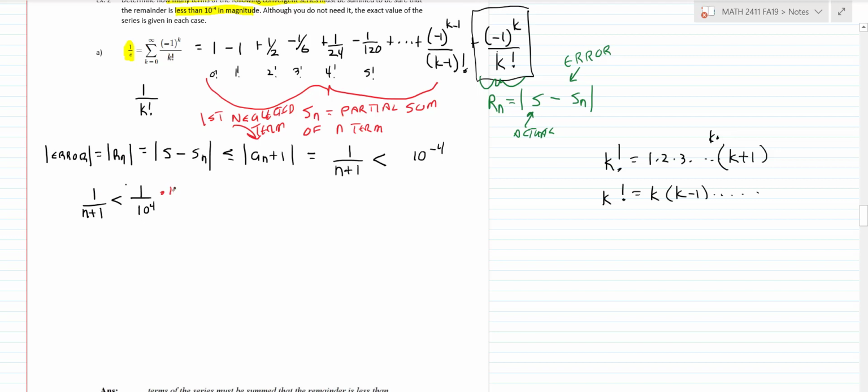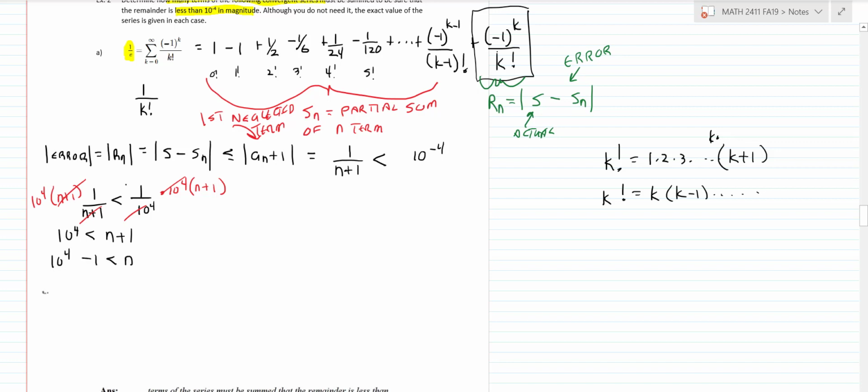What we could do is multiply both sides by 10 to the 4th n plus 1 to rid ourselves of the fractions. So that's going to end up giving me 10 to the 4th is less than n plus 1. If I subtract 1 from both sides, I get 10 to the 4th minus 1 is less than n.